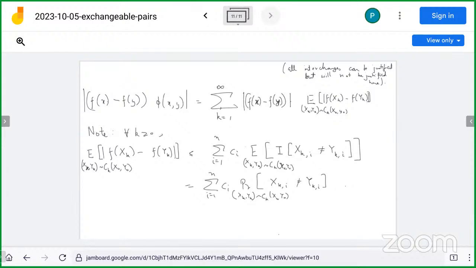So let us define Lk as a vector, and this is the vector whose evolution we're interested in studying.